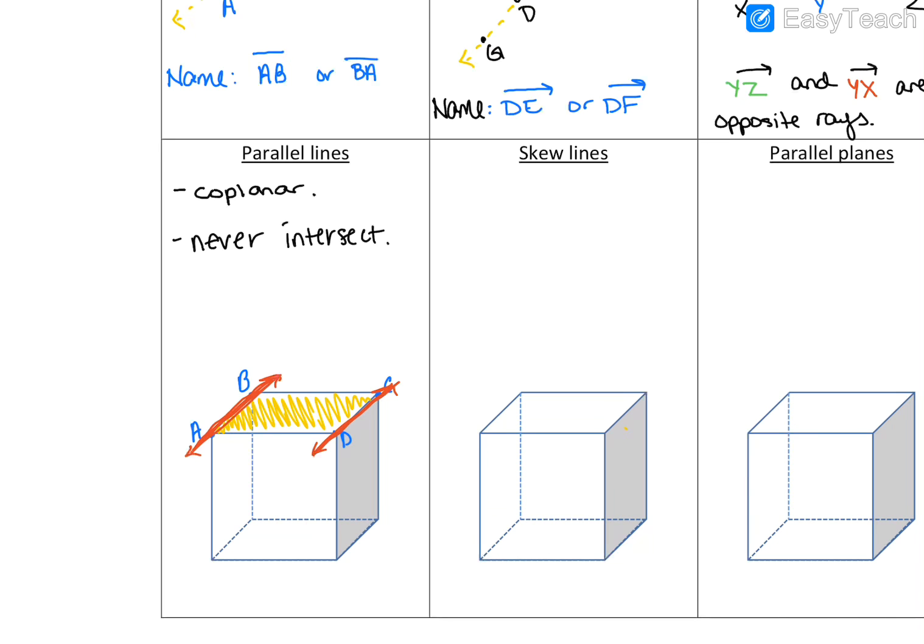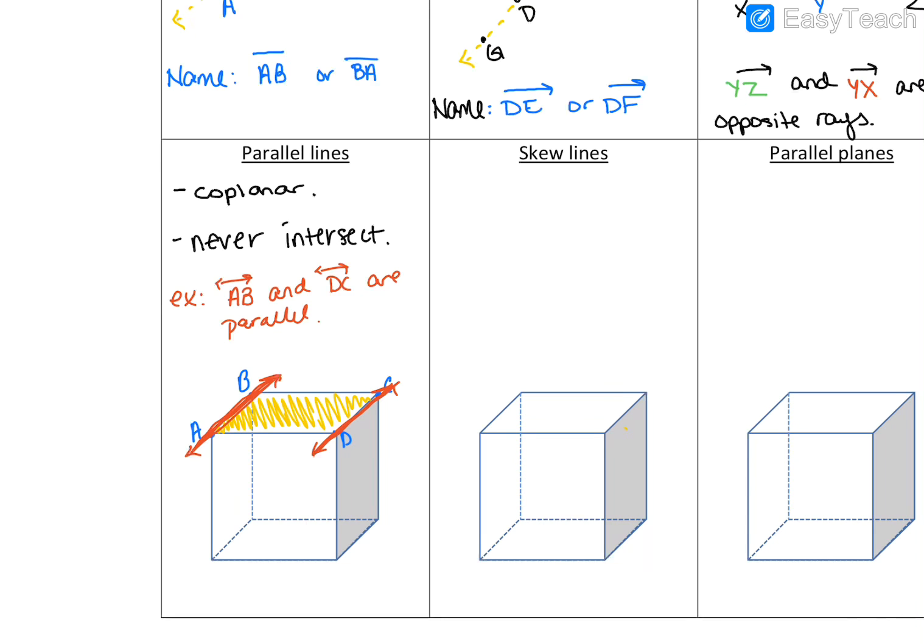Remember, those are just portions, those are segments. We're not talking about the segments here. We're talking about lines. Those lines will extend forever, and those lines are going to be parallel. So line AB and line DC are parallel, because they are on the same plane, they are both part of that yellow plane, and they are never going to intersect.